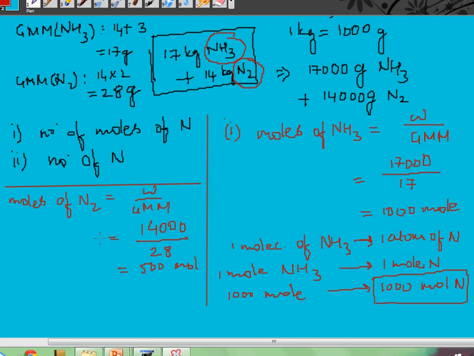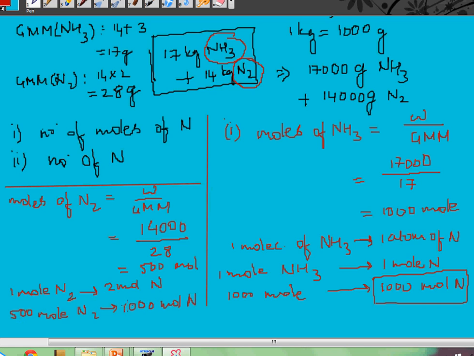So from here you have 500 mole of N2. Now again, you know that 1 mole of nitrogen gas, or 1 mole of N2, has how many atoms of nitrogen? 2. You can directly see one molecule has 2 atoms, so 1 mole of molecules will have 2 moles of atoms. So 500 mole of N2 will have 2 into 500, that is 1000 mole of nitrogen.